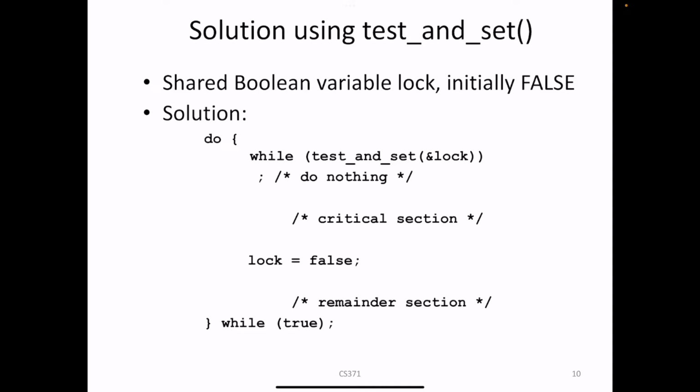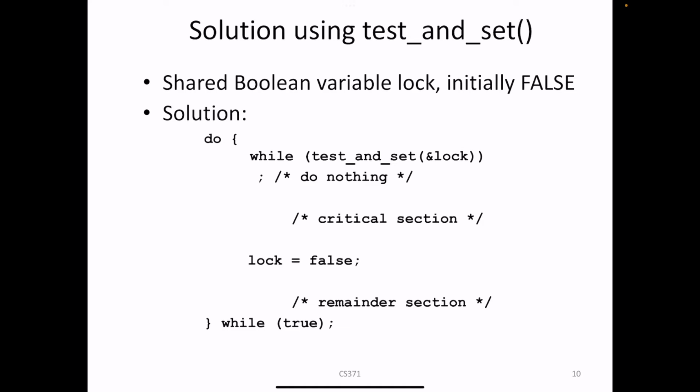As we mentioned in the previous slide, to address the critical section problem, the solution should satisfy three requirements: mutual exclusion, progress, and bounded waiting. It seems the current solution can satisfy both mutual exclusion and progress without any problem. Then let's see if it can satisfy the third requirement or not.